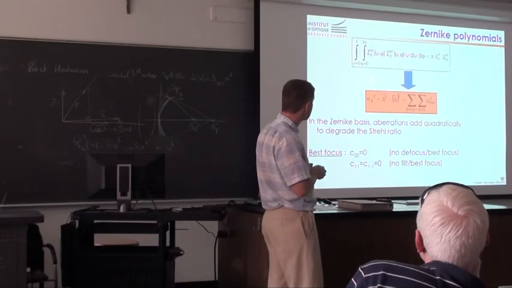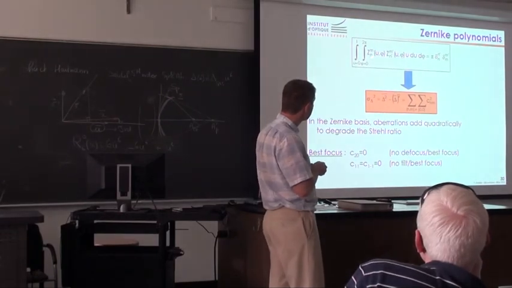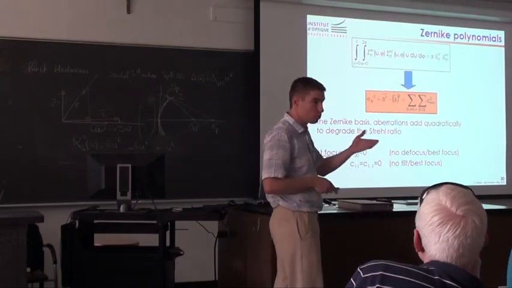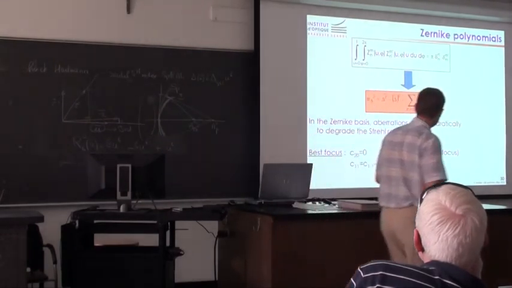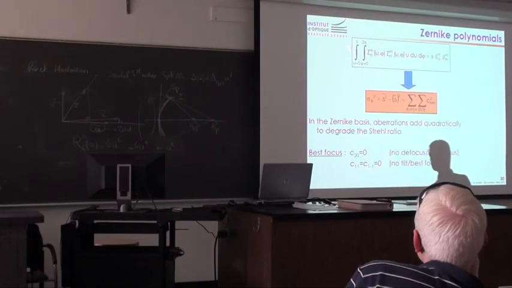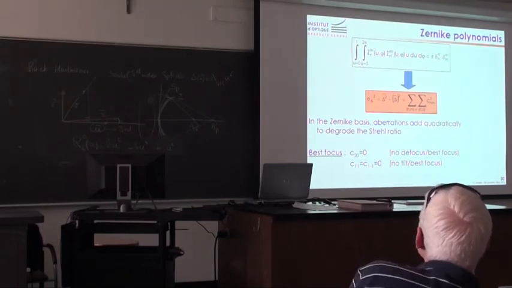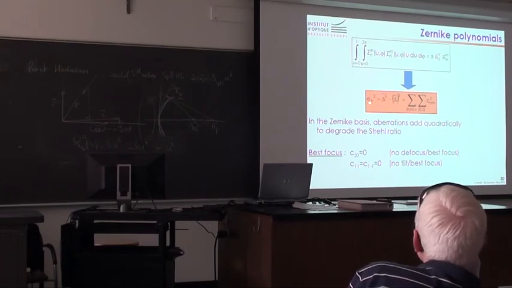You calculate the integral of the square. You take your wavefront, as I said before, you plug it inside this integral, and all the cross terms vanish because the polynomials are orthogonal. And so in the end, what you get is that the variance of the wave aberration is just the sum of the squares of all the coordinates.